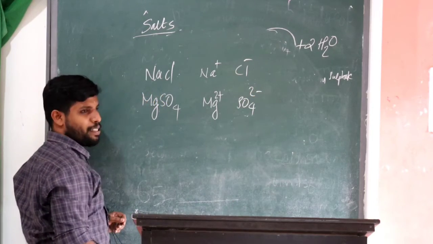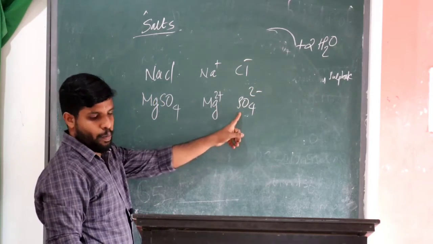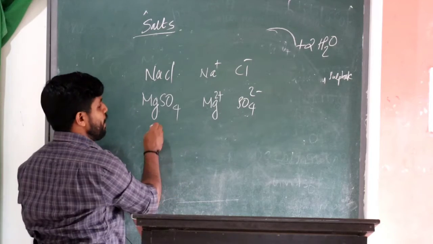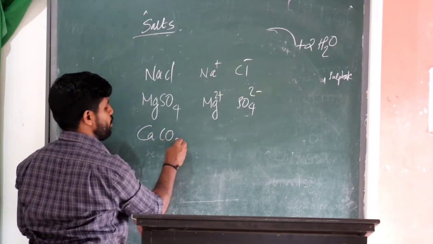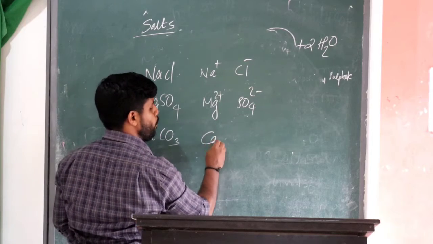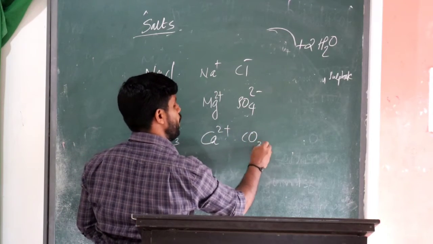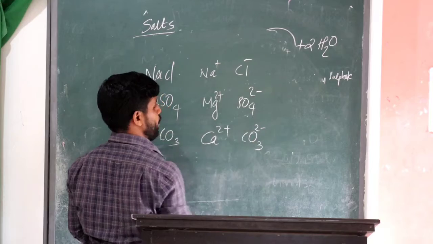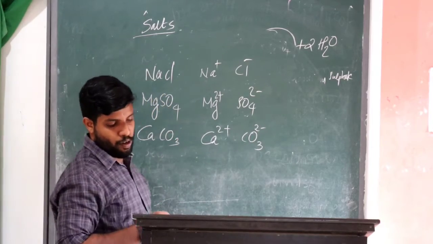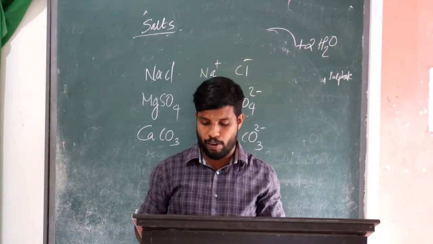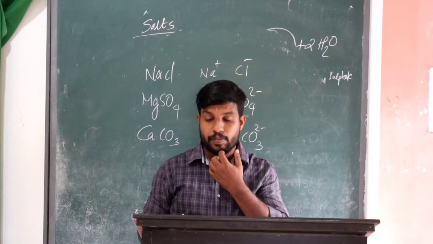The next salt given is CaCO3, calcium carbonate, a salt. That is Ca2+ and CO3 2-. So these are the ions formed when a salt is ionized.